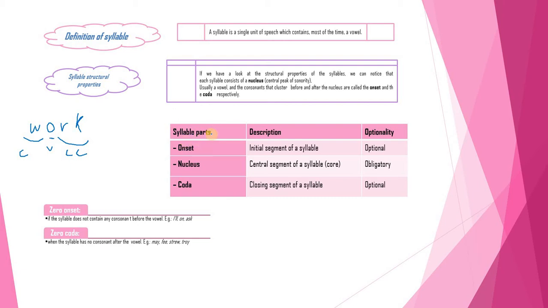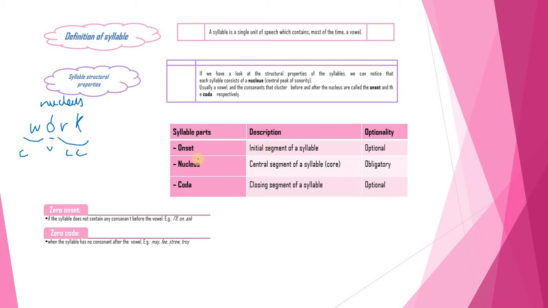So the syllable parts: this is one word, a one-syllable word. It is one word and it contains one syllable. So this word is divided according to the nucleus. This one is called what? The nucleus, which is the vowel. As it is mentioned in the table here.